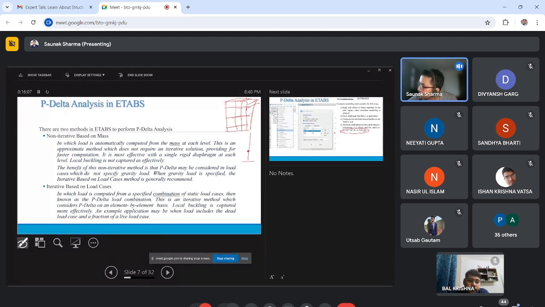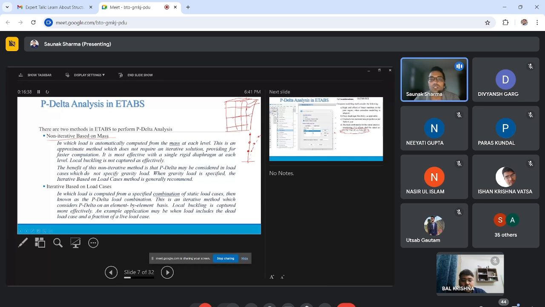The lump mass will be acting at the center of mass. ETABS takes the building like this while analyzing. Now, when it deflects, it considers this mass. This mass is computed while doing P delta analysis in this first method, which is non-iterative based on mass.